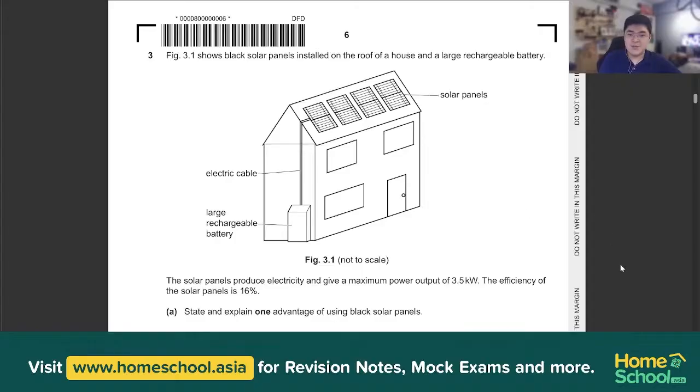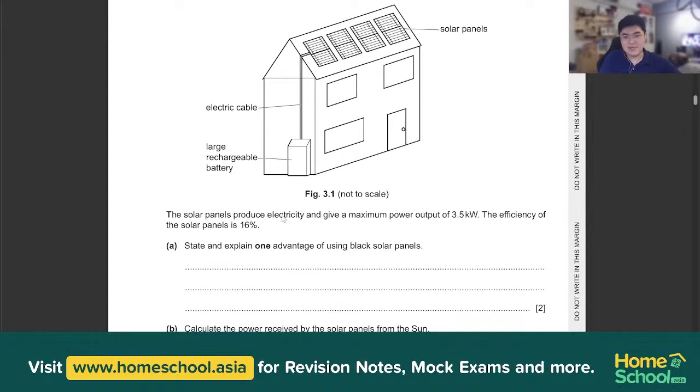The solar panels produce electricity and give a maximum power output of 3.5 kilowatts. And the efficiency of the solar panels is 16%. So here are some keywords to take note. The solar panels have a maximum power output of 3.5 kilowatts, and the efficiency of the solar panel is 16%. This will come in later when we are doing more calculations.